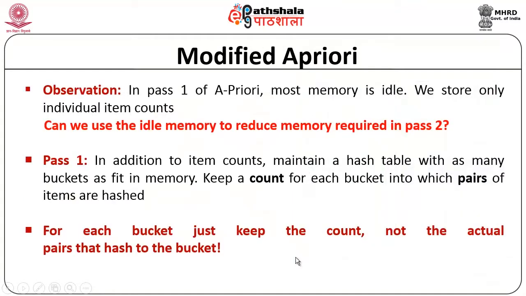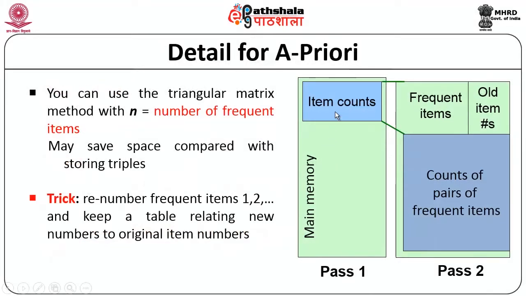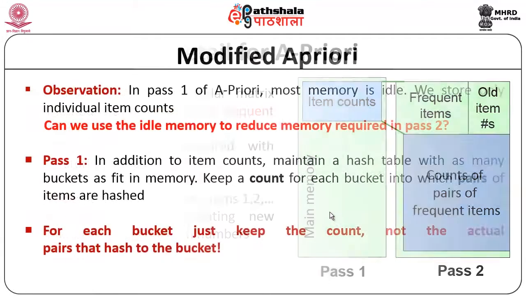Now, if the same a priori approach is modified, how may it behave for the purpose of accommodating voluminous data? In other words, how can you make a priori scalable? One important thing which can be observed as part of pass 1 is that the quantum of memory used in pass 1 is very little, indicated by this blue rectangle. The rest of the space is wasted or remains unused.